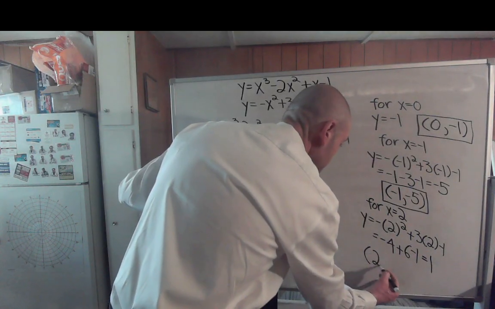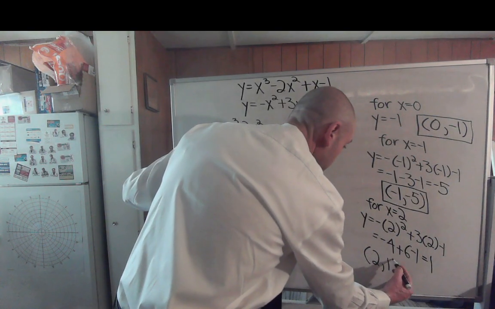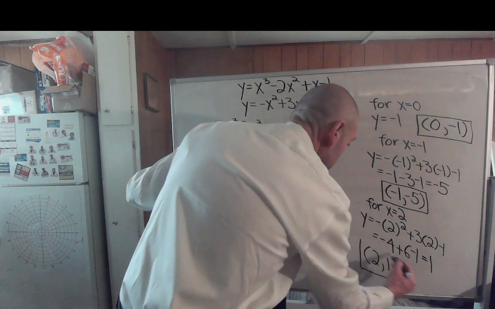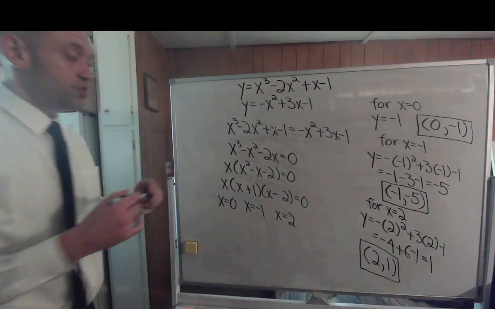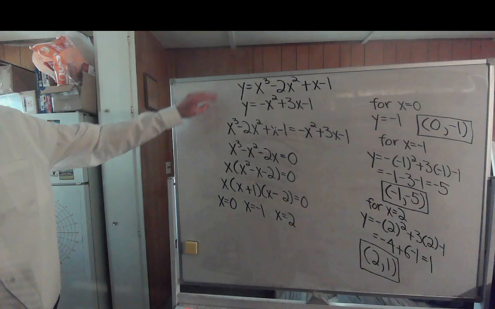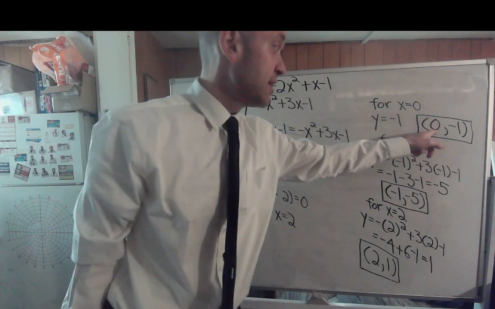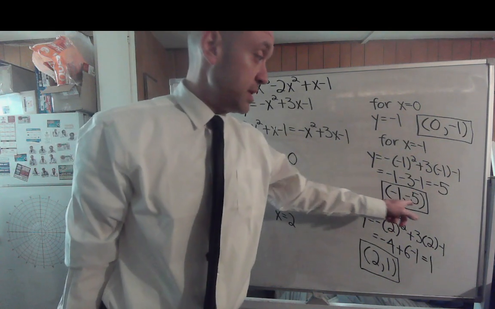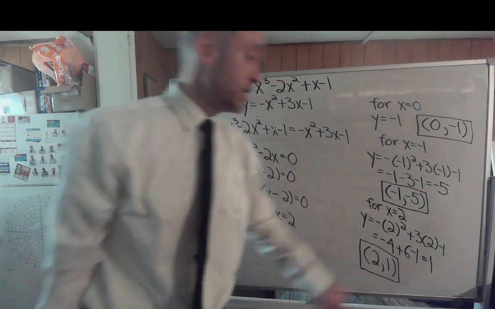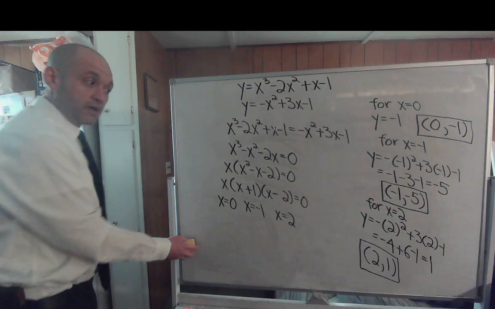So you should also get the ordered pair (2, 1). So the three ordered pairs you should get as the solutions to this system are (0, negative 1), (negative 1, negative 5), and then (2, 1). Well, that was a fun one.